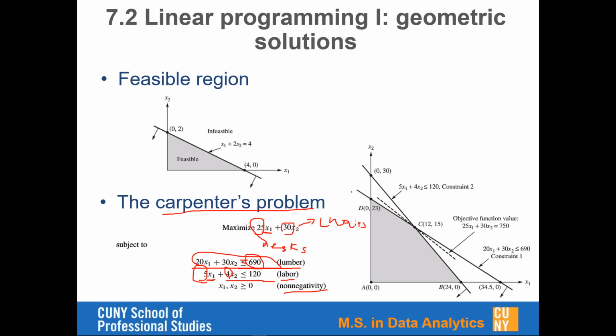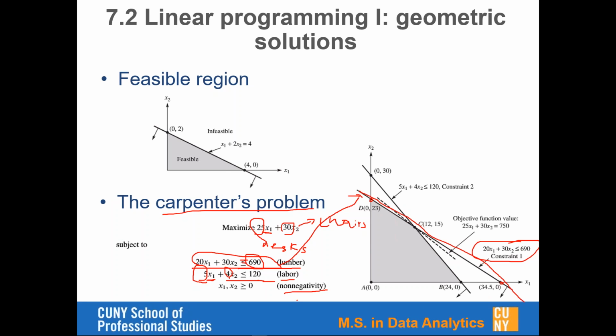So constraint 1 is this one. You would be able to graphically represent the first constraint just like this line, because you would be able to find the intercepts for x1 and x2, and then draw that line, which is a straight line, right?